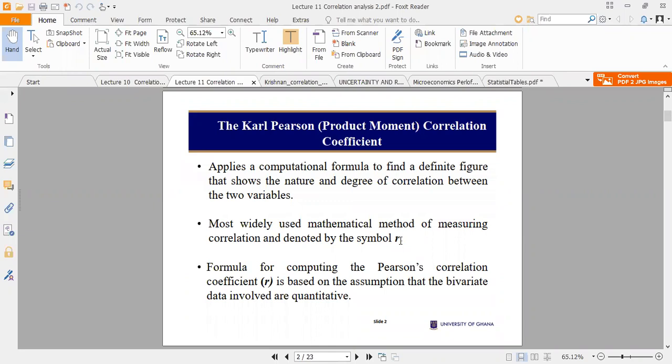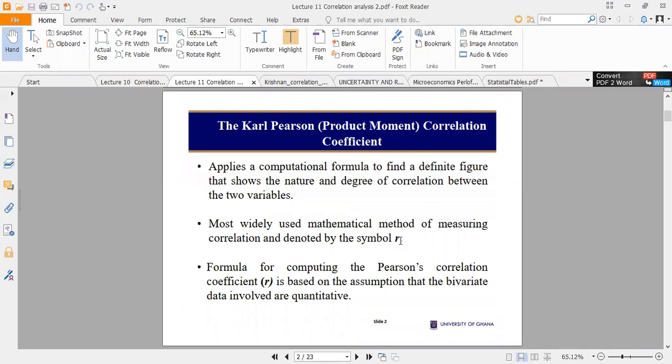You can know that the variables are negatively or positively correlated, but you wouldn't really be so certain about the degree. Now, Pearson's correlation coefficient is based on the assumption that, one, we can only use two variables, so we need bivariate data, X and Y, and the variables are supposed to be quantitative.